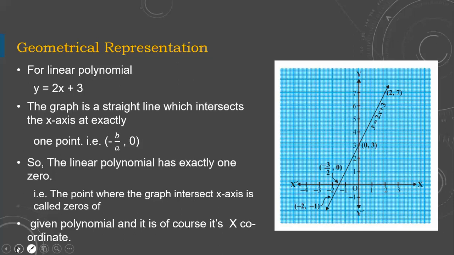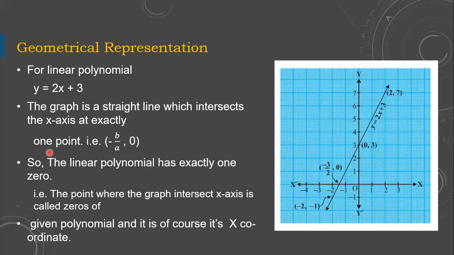This is the graph of one polynomial, and you can observe that this graph is a straight line. So for the linear polynomial we get a straight line graph, and it touches the x-axis at exactly one point, where the y coordinate becomes 0.